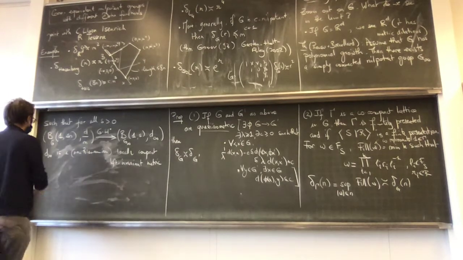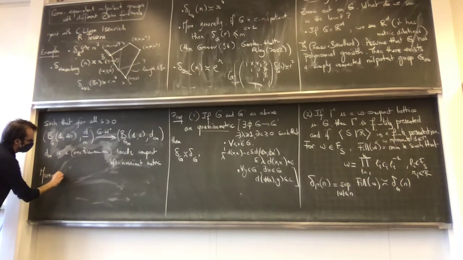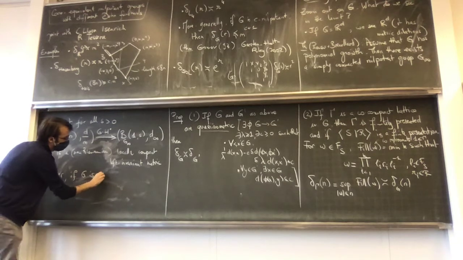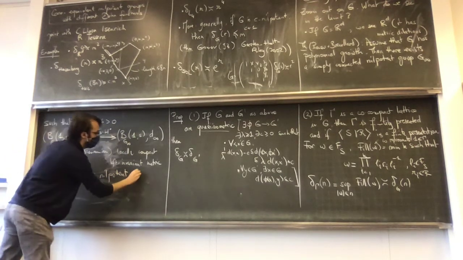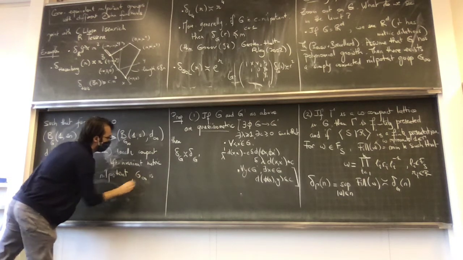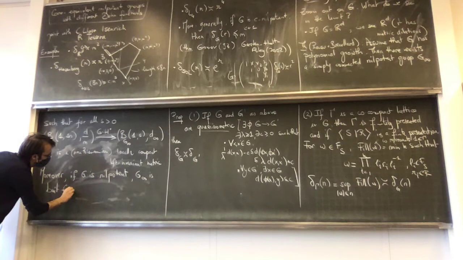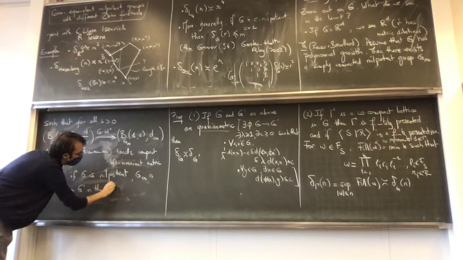Moreover, I will assume that G is nilpotent, but this is not a very serious restriction. G infinity is built from G in the following way, and I will illustrate on an example.